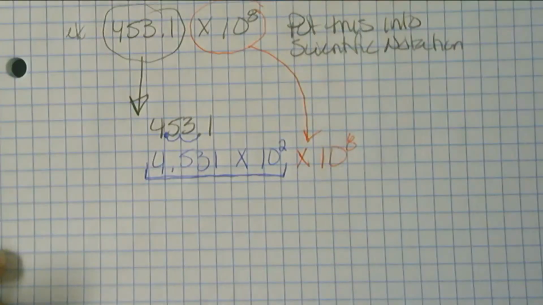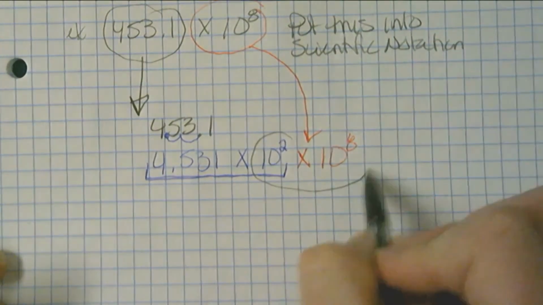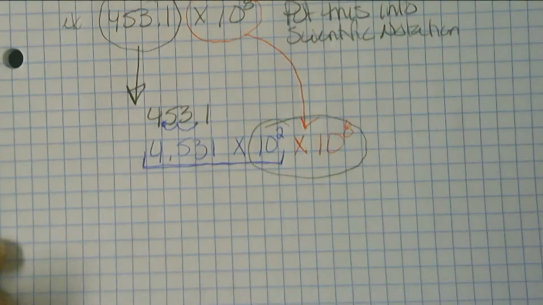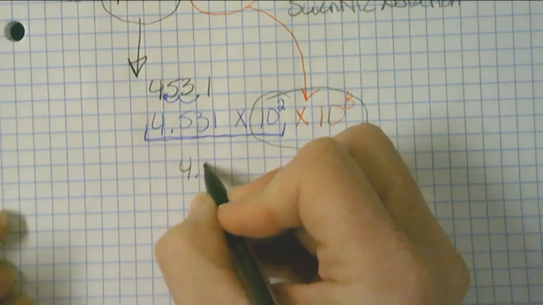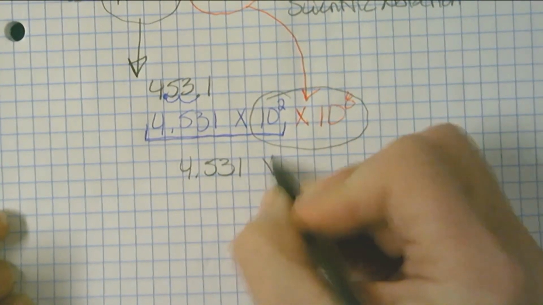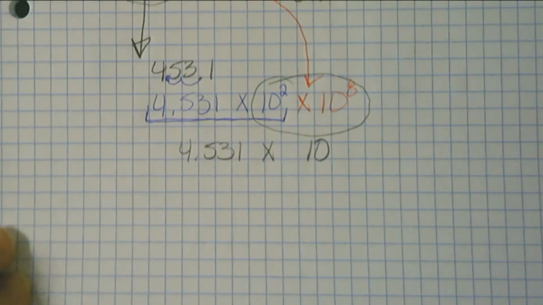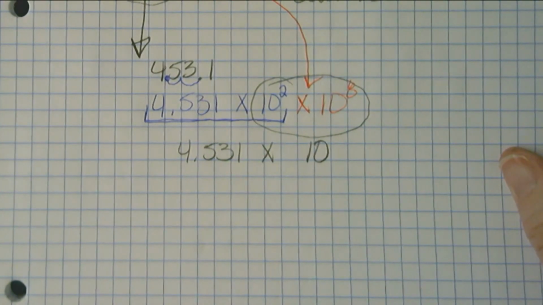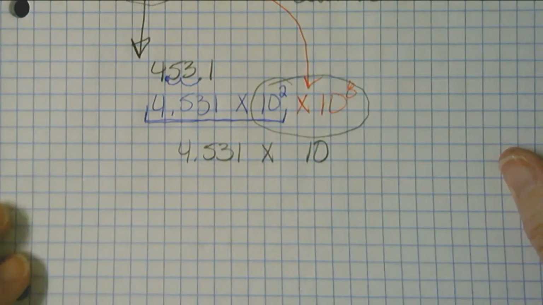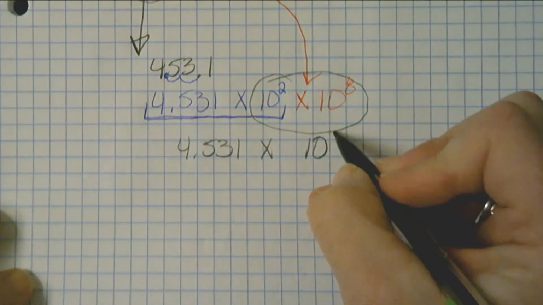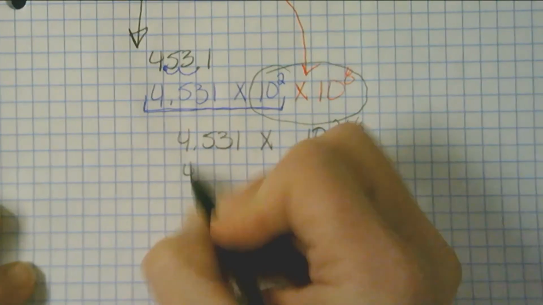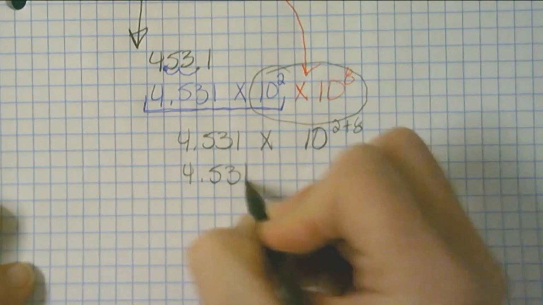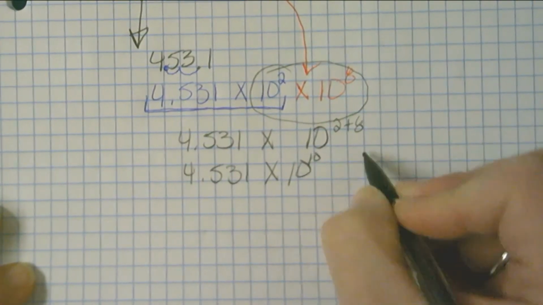So now I'm going to use my power rules to simplify 10 to the 2nd times 10 to the 8th. So I have 4.531 times 10 to the, well, I'm multiplying two numbers with the same base. I keep the base, and Evan, what do I do with the exponents? Yep, so I add 2 plus 8. So I finalize this by saying 4.531 times 10 to the 10th power.